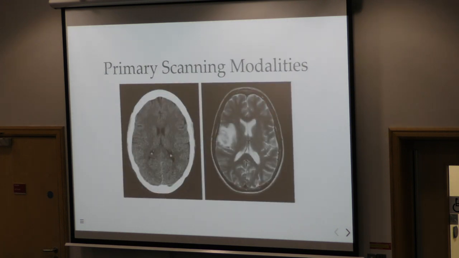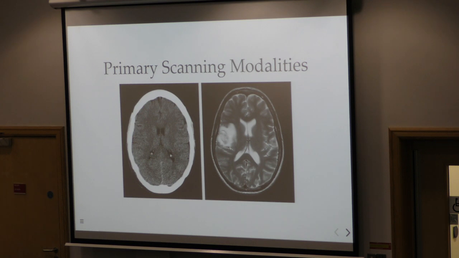So just so you get an idea of where we start from, these are the two modalities that we see at the start of our journey that Luke was talking about. The one on the left is a CT scan. CT scans work effectively on the basis of firing beams of ionizing radiation through a patient, and we measure how much that beam has been attenuated on the other side.